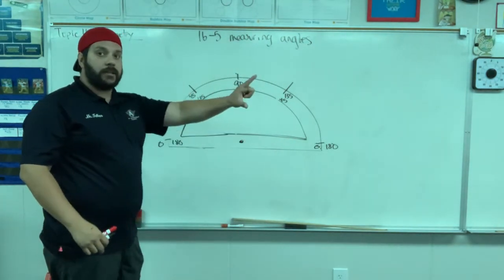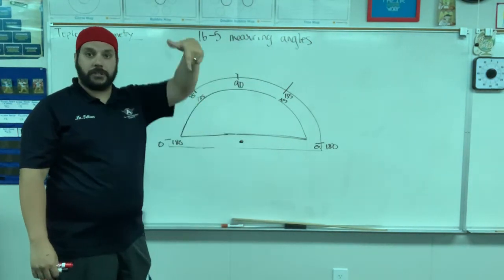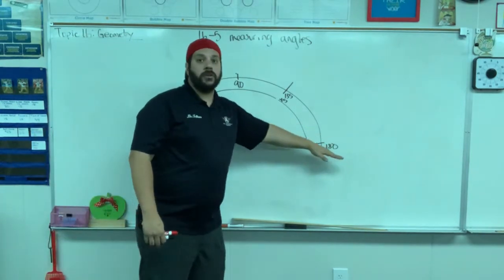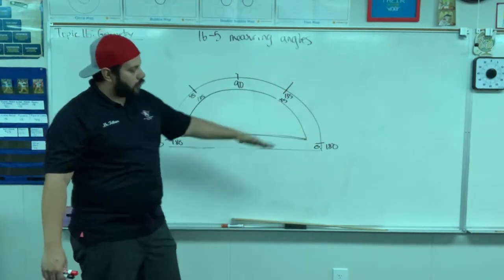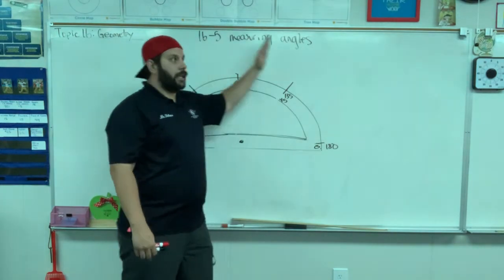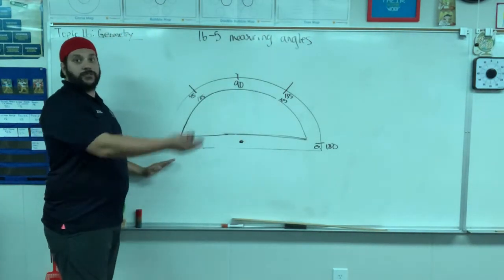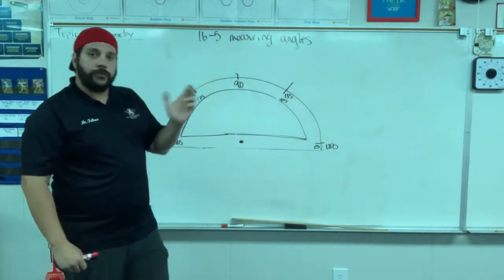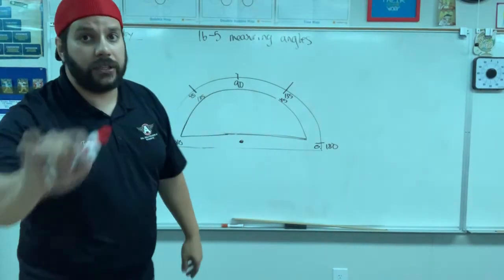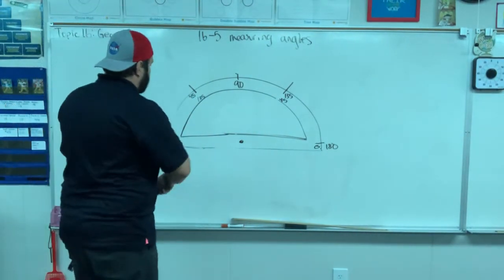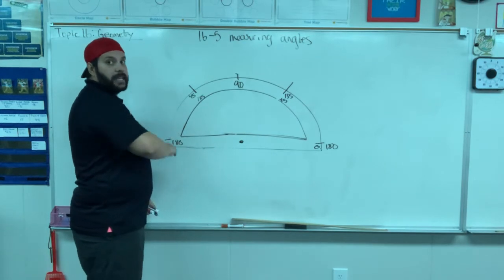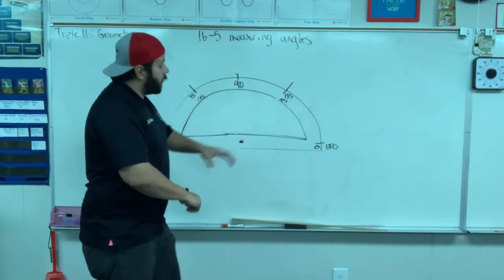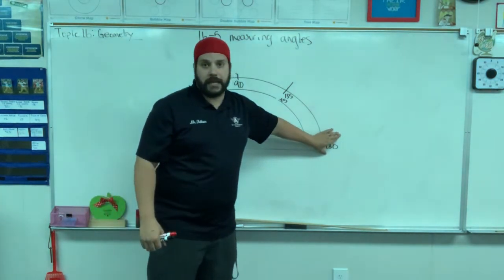Okay, but not all angles open in the same direction. So it also works backwards. So if you start your angle on this side and go this way, that's 180 degrees from that side. So what you'll find on a protractor is that you will have two sets of numbers. Okay, one set of numbers will be if the angle starts on this side, and the other set of numbers will be if the angle starts on that side.